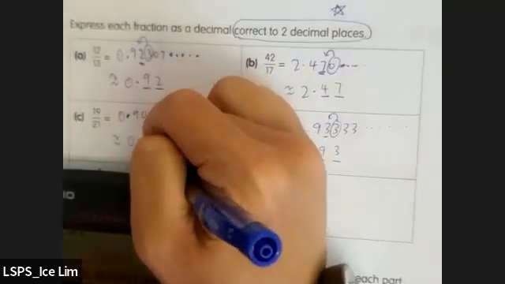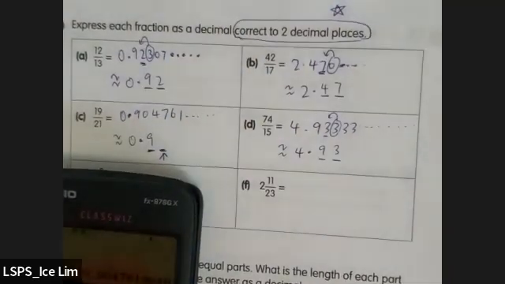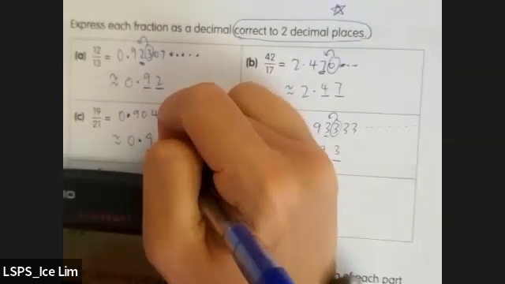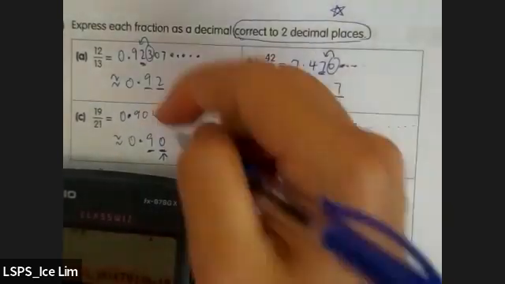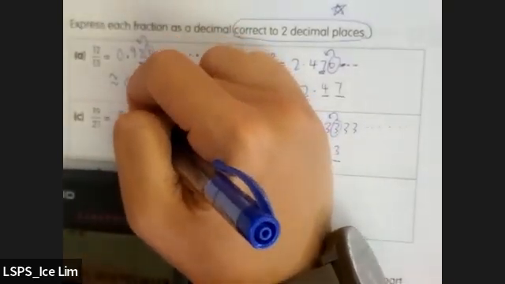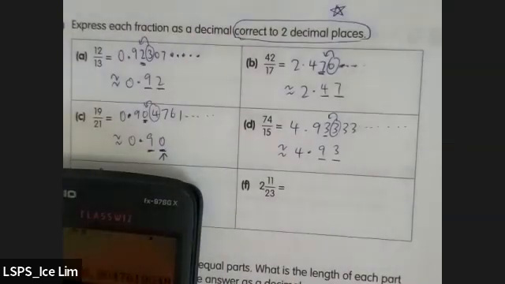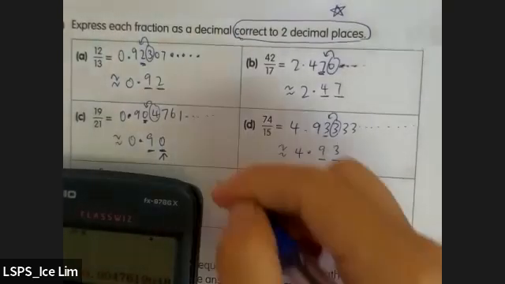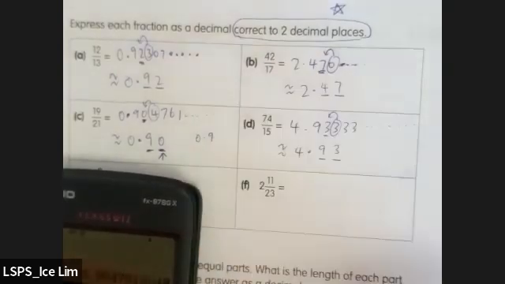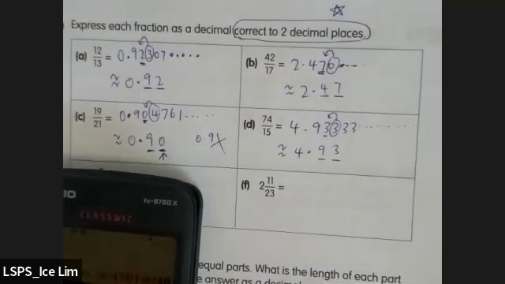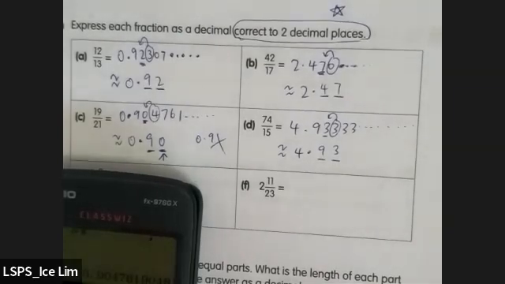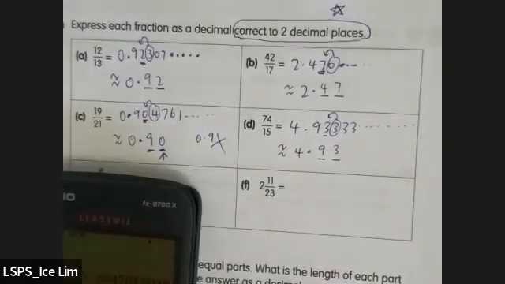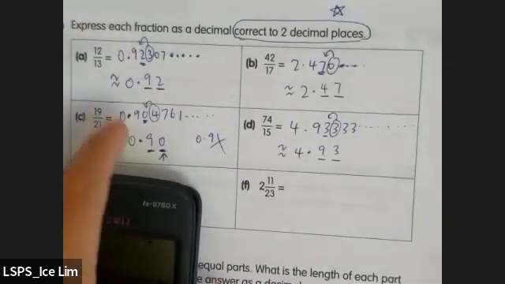So I must see 2 decimal places, even if it's a 0. Because it's round down, right? But even if it's a 0, I must put the 0 there. If I wrote down 0.9, this answer will be wrong. Because how many decimal places is it? It is 2. Okay, very good. It can't be 1. Okay, so far so good.